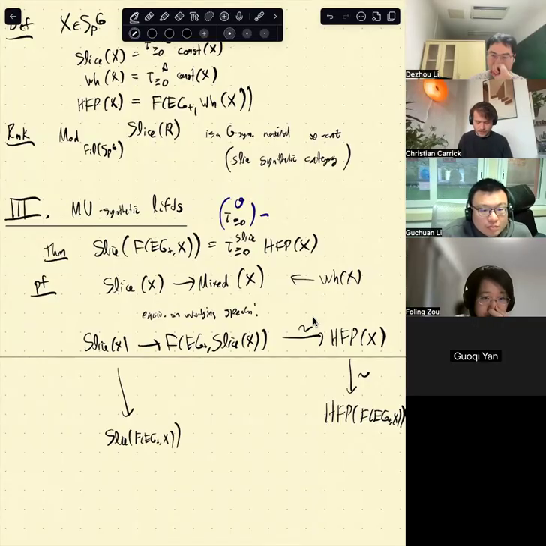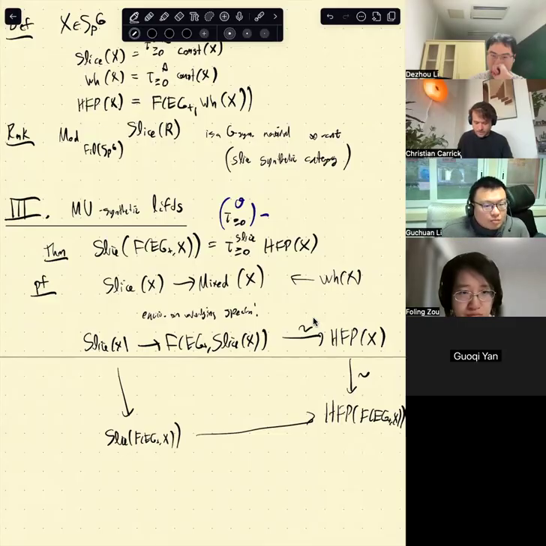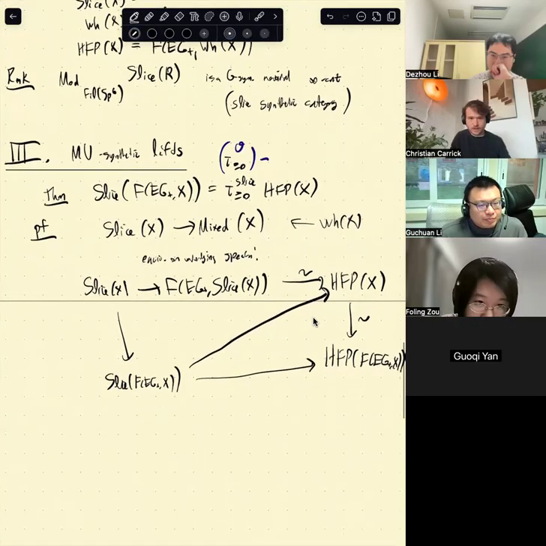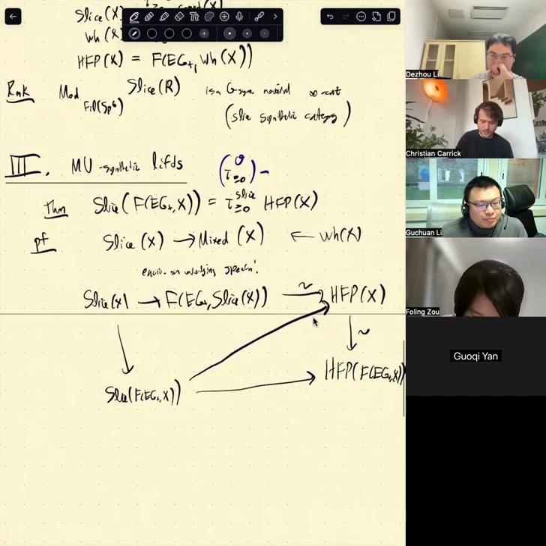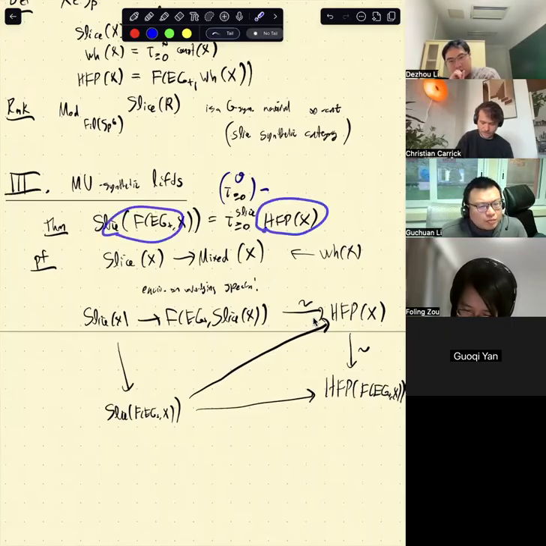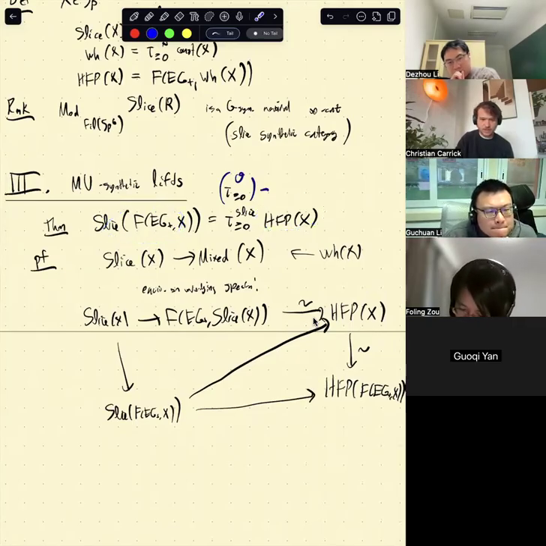Okay, and there is a map here, again coming from this diagram here. And then that gives me this map here. So what I've constructed now is a map from here to here. And to check that it's a connective cover, I just need to show that that map induces an equivalence on connective covers.